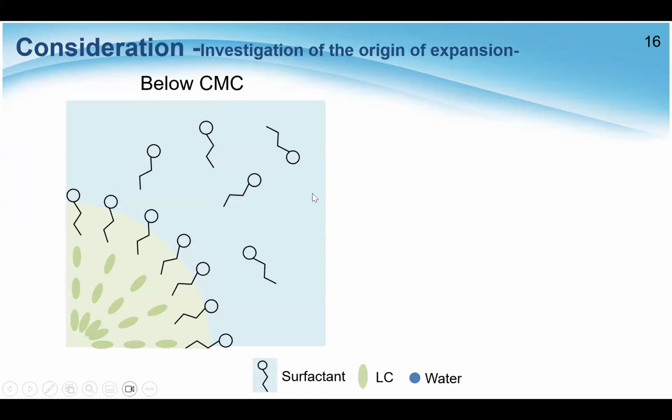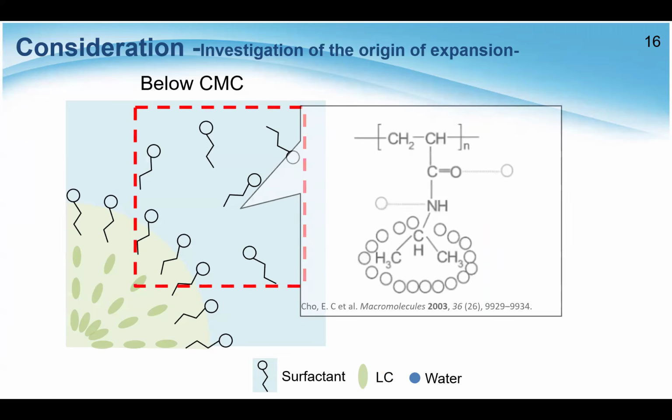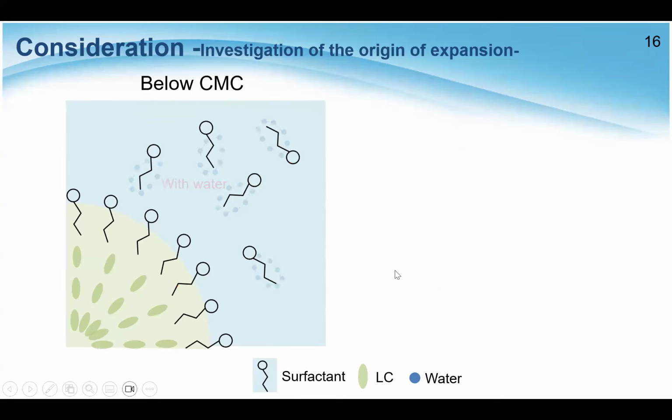So what we suppose is that below the CMC concentration, the surfactant molecules are made of hydrophilic and hydrophobic parts, and the hydrophobic parts were hydrated due to hydrophobic hydration inside the solution. So water is together there.